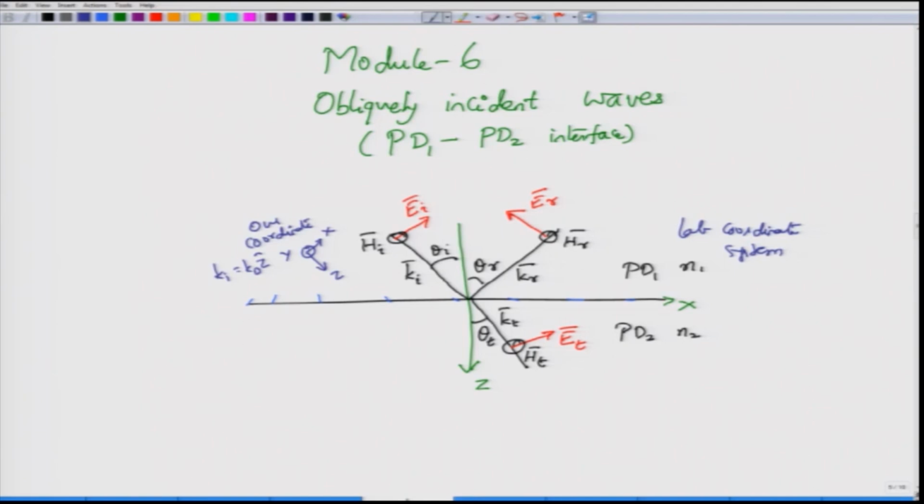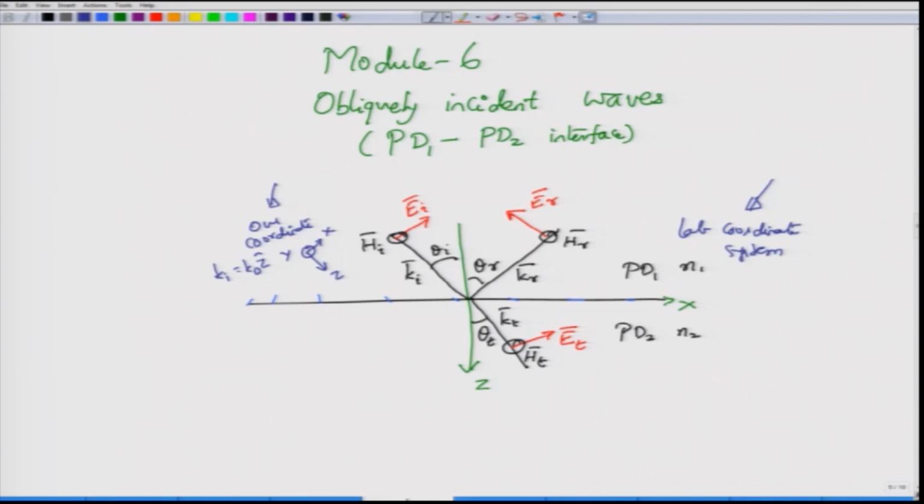So, we are transferring the problem of obliqueness from the coordinates that we have chosen to make the electric field, magnetic field and direction of propagation coincide with the x, y, z axis, to the problem in the lab coordinate system. It is a matter of perspective whether we choose the lab coordinate system and let the wave be oblique, or we choose our coordinate system in which the wave is properly oriented along the axes, whereas the obliqueness is now on the interface.